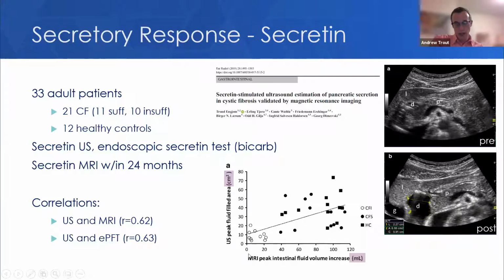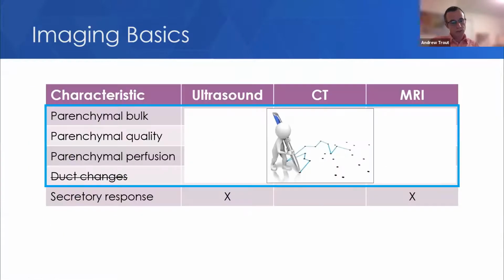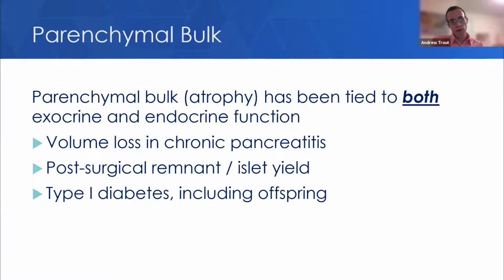And so here we see the scatter plot of ultrasound cross-sectional area versus MRI fluid volume, and we see a relatively moderate strength correlation between the two measures. So that's really the only, as I mentioned, direct measure of function that we can get by imaging. Some of these other characteristics that we can measure do require a two-step dance, as I said, to get to estimates of function, or at least prediction of function, but we'll talk through these in turn.